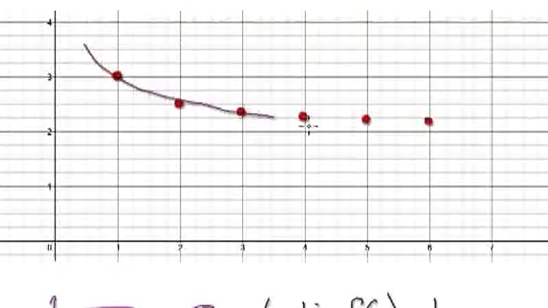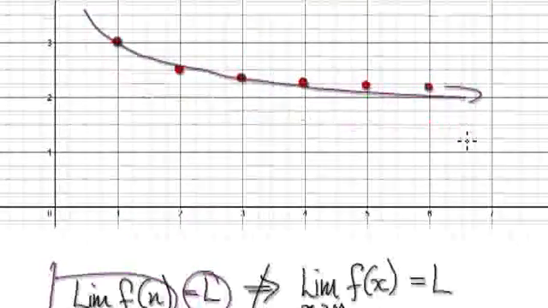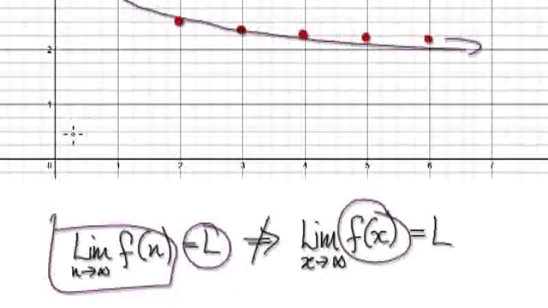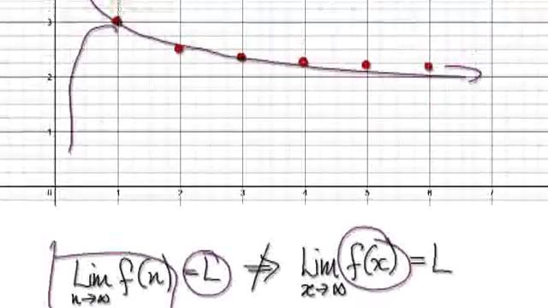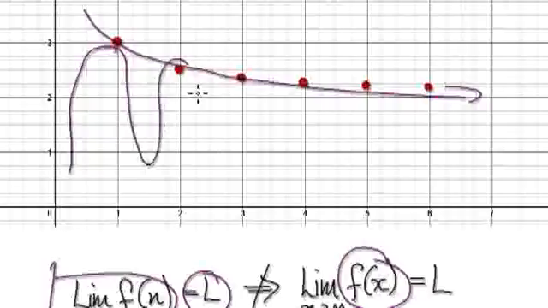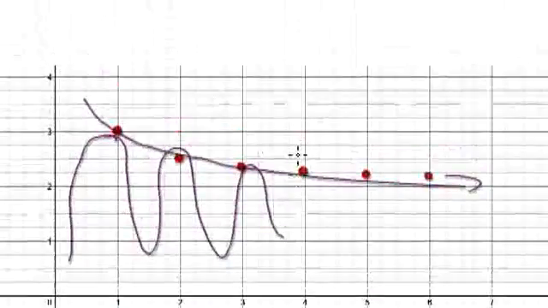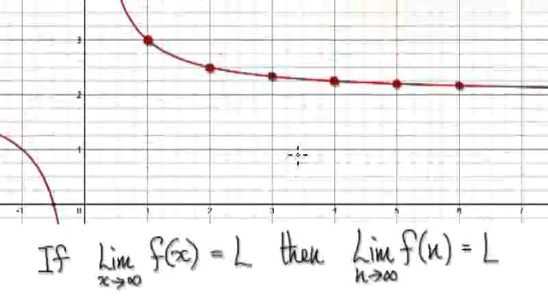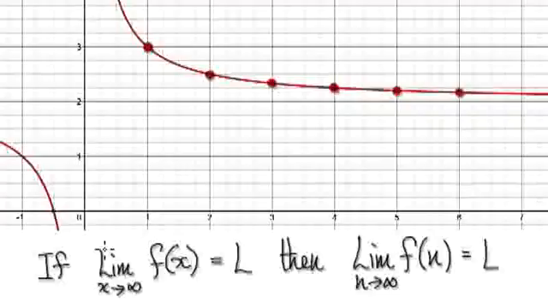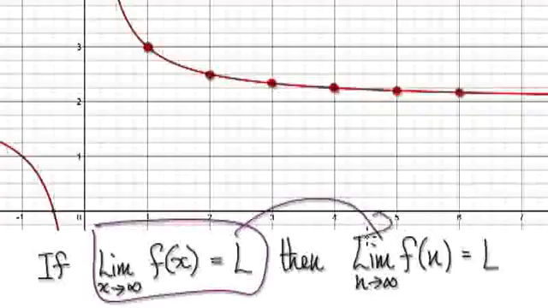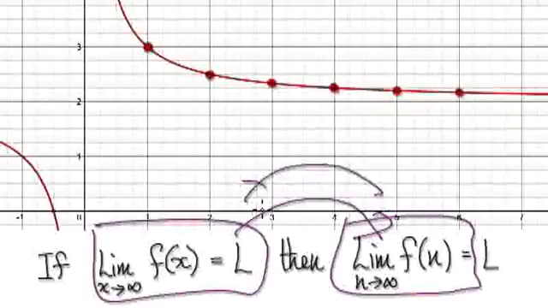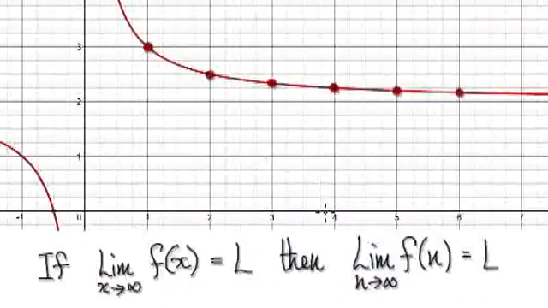But then there exists a function that could be something like this. So the point here is that if this is true, then this must be true. But going backwards might not be true.